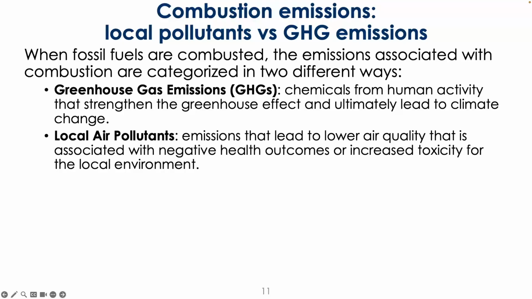And then you have local air pollution, which are emissions that lead to lower air quality and thereby are associated with negative health outcomes, right? So things like incidence of asthma, lung disease, cardiovascular diseases. All of these can be compounded by local air pollution.